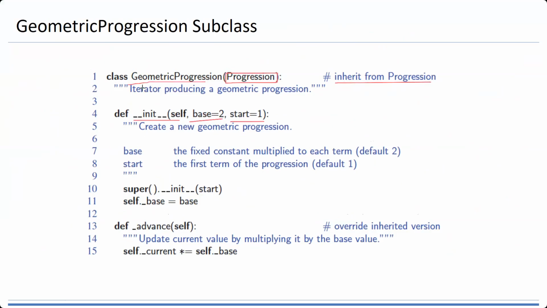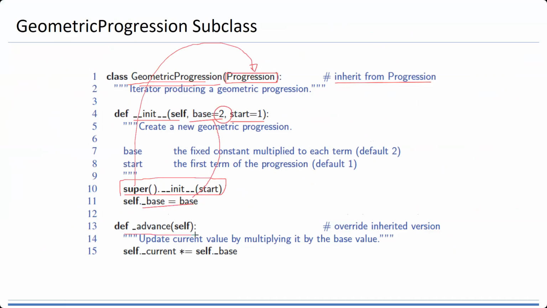Once we have this geometric progression, again, we do the construction from the superclass. The superclass means the progression class. And then we define the base equal to the base that we define here. If the base is 2, then we will multiply each number by 2.